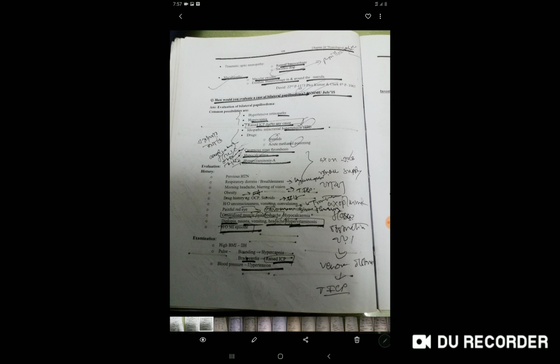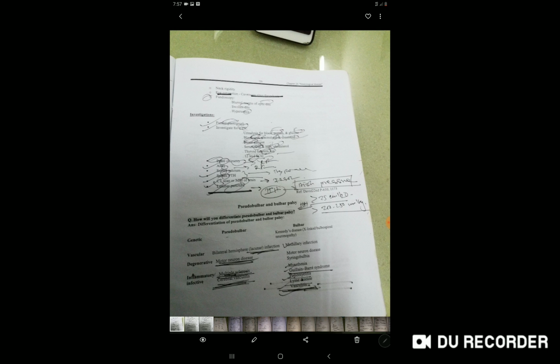You should look for BMI. In case of IIH, you should check BMI, and the pulse is a bounding pulse in case of hypercapnia, and bradycardia in case of raised ICP. Blood pressure, you should search whether the patient is hypertensive or not. Now, what are the other findings you should look for? You should look for neck rigidity.